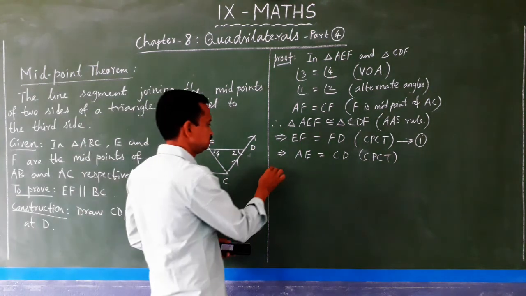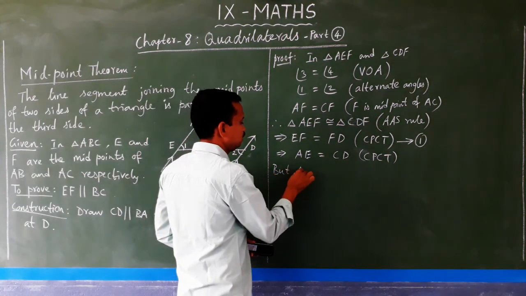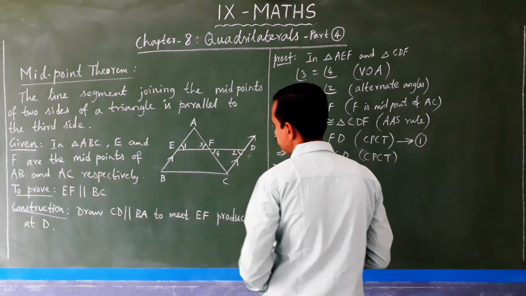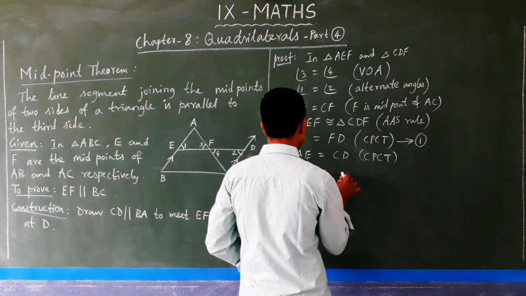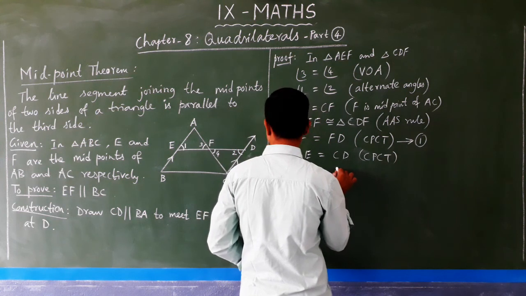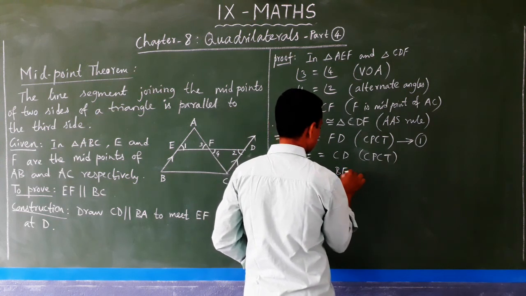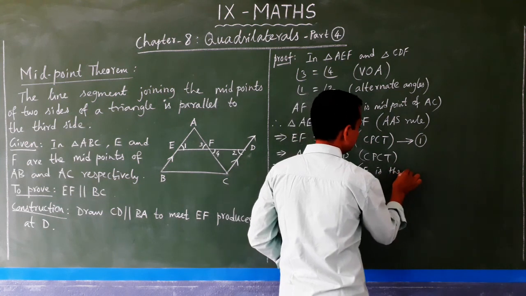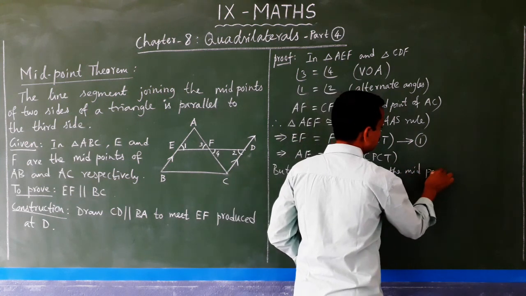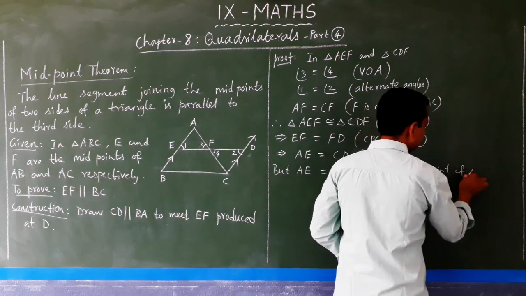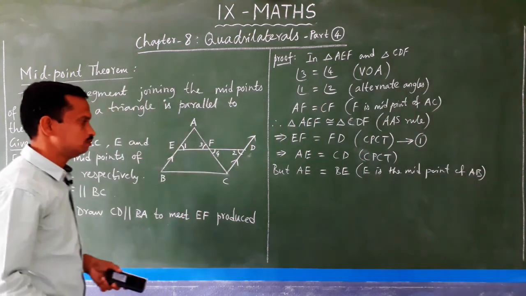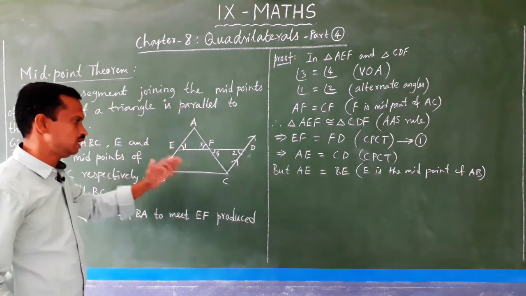But AE is equal to BE, because E is the midpoint of AB, so already we have AE equal to BE.